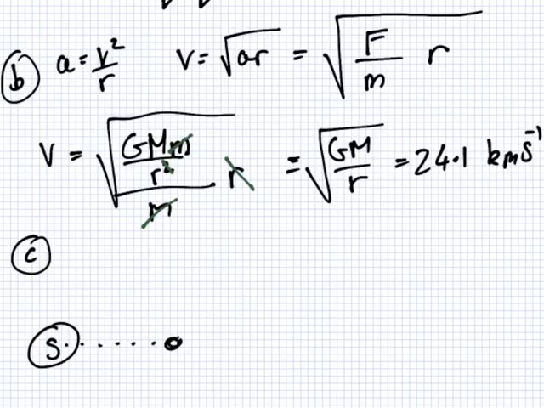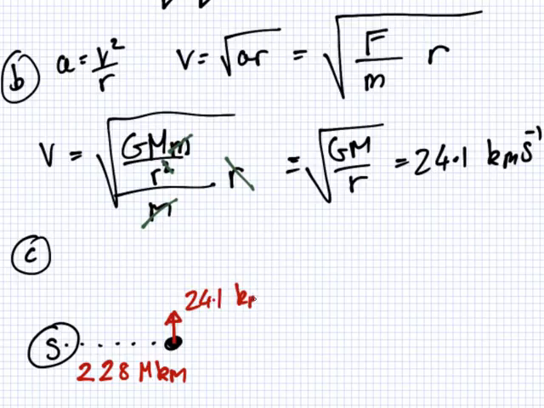So our picture is, when it's 228 million kilometers from the Sun, its speed is 24.1 kilometers per second.